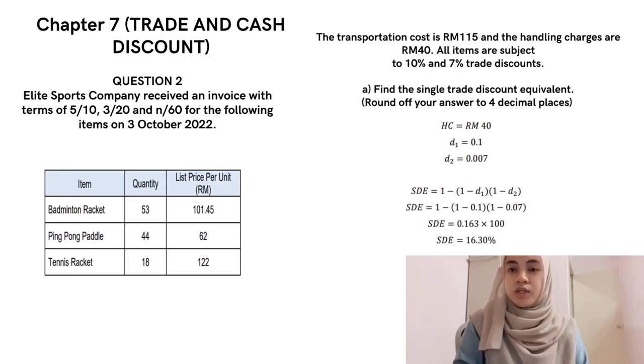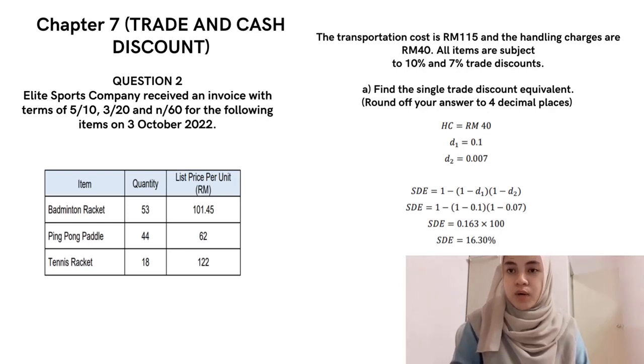First, you have to label each of the items shown in the question. The transportation cost, TC, equals 115 ringgit. Handling charges, HC, is 40 ringgit. Discount 1 is 0.1. Discount 2 is 0.07. The next step is the single trade discount equivalent.